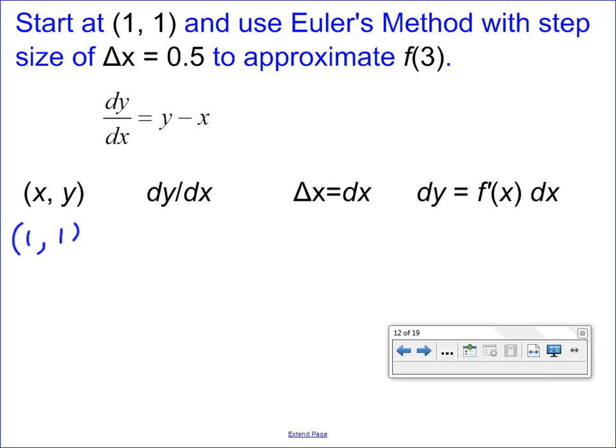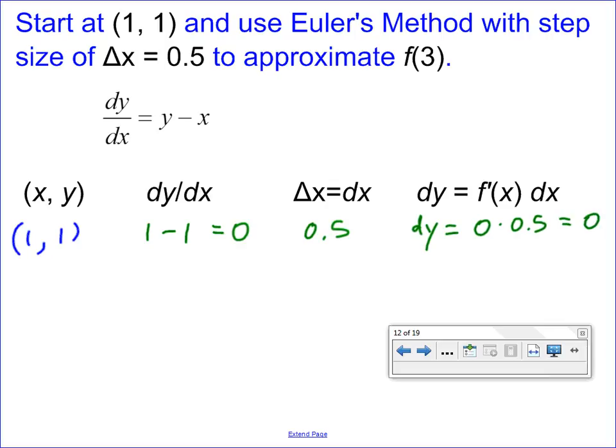Now we'll calculate the instantaneous rate of change at my known point using my differential equation. So my instantaneous rate of change at (1, 1) is 1 minus 1, which is 0. Everything is 0? Oh, this will be fast. What's my step size? 0.5. So my anticipated change dy is 0 times 0.5 equals 0.